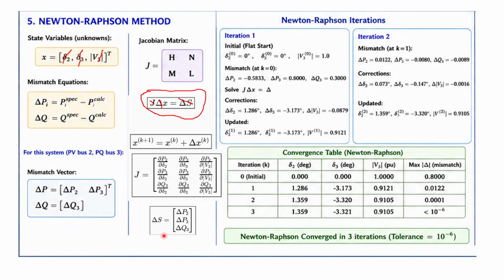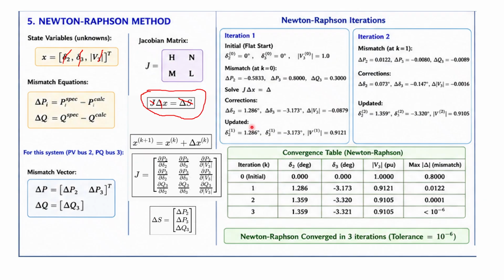Then we calculate the magnitude of the specified variable with the new updated value. Then we obtain the change in specified value by taking the difference between the originally specified value and the currently updated value, which is obtained by the calculation.